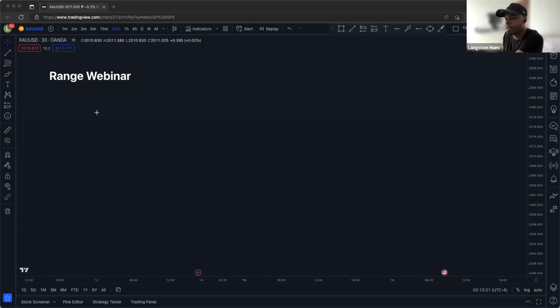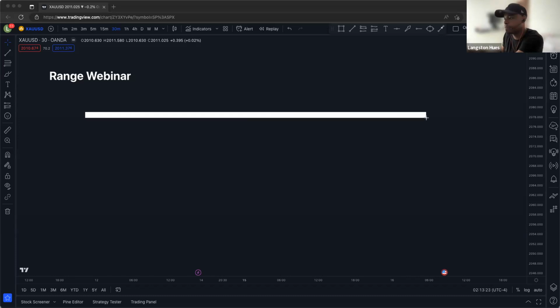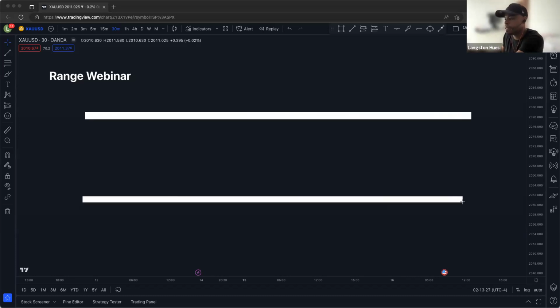So let's say we have a support right here that was formed, and then we have a resistance right here that was formed, and then let's say we got some bearish candles coming down to fill the range, just to fill the range, right? Retesting the support.